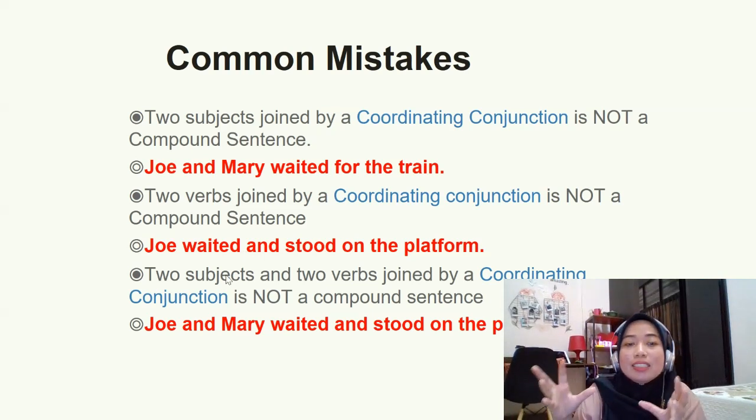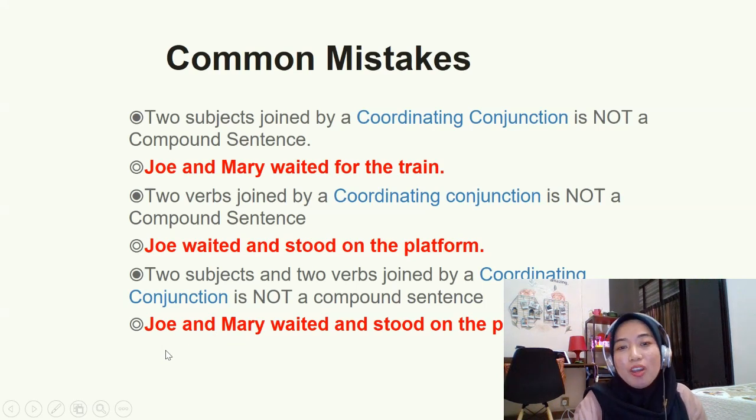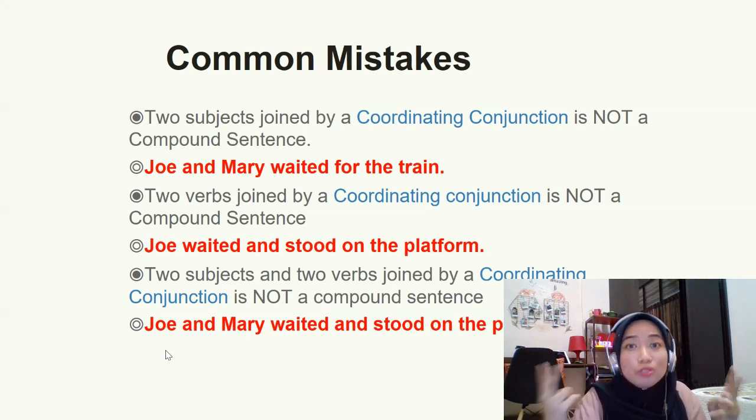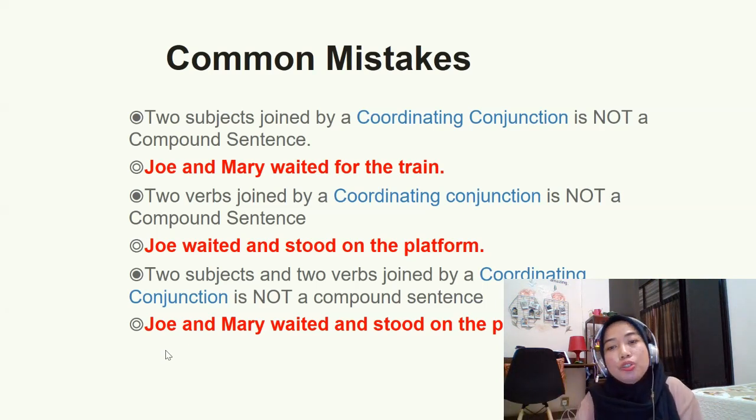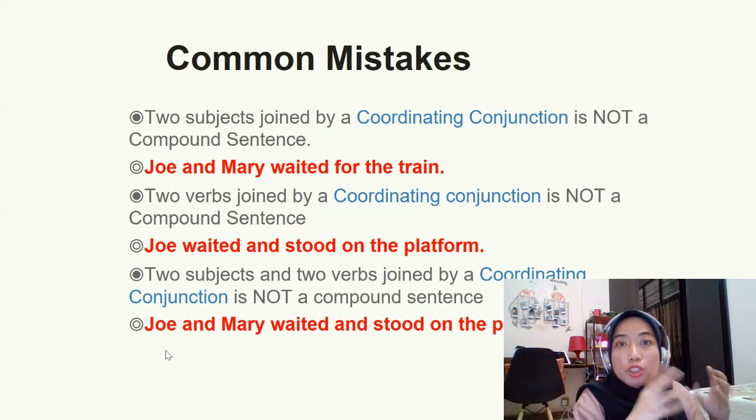Lastly, I think it's the same thing, but now a lot of students get confused because there are two subjects and also two verbs in one single sentence. So we have Joe and Mary waited and stood on the platform. The subjects here are two people, Joe and Mary. And the verbs here are also two, waited and stood.